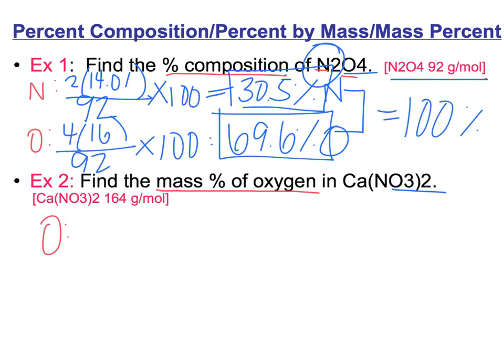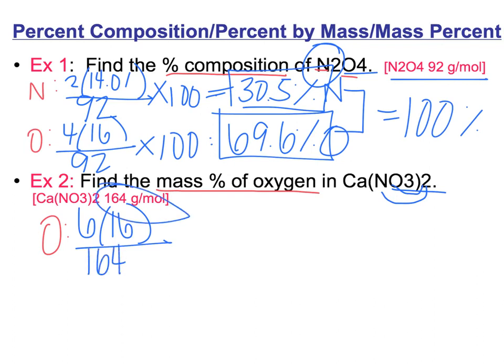If you remember what we did before, this 2 gets distributed. So we have 2 times N, 2 times O3. So we end up having 6 oxygens times the mass divided by, again, the molar mass. Well, again, look how nice I am. I gave it to you, 164.